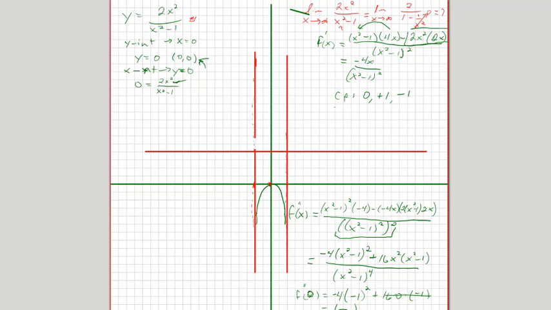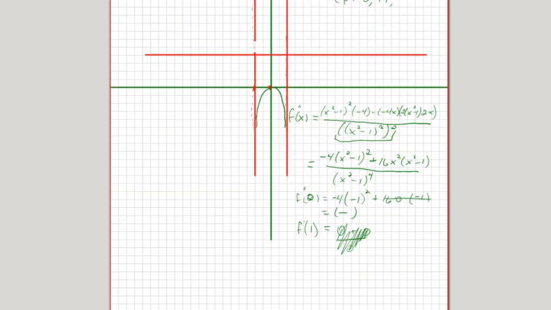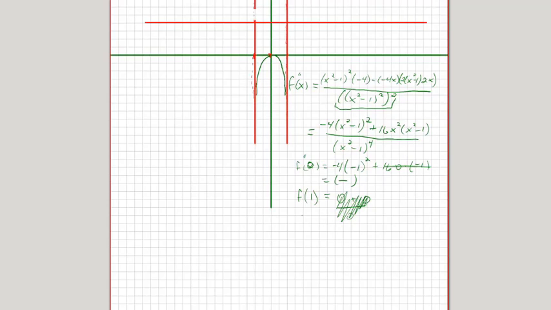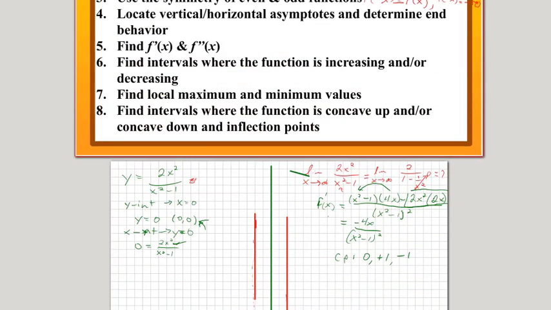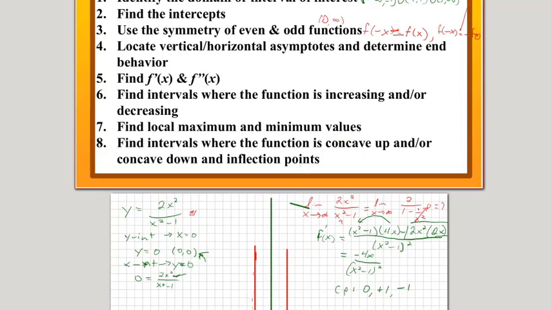Let's go back to the first derivative. Now, the only place where my function could change concavity, let me double check this here, would be where my second derivative is 0. So let's check that. And I'm skipping ahead to number 8 here by doing this.